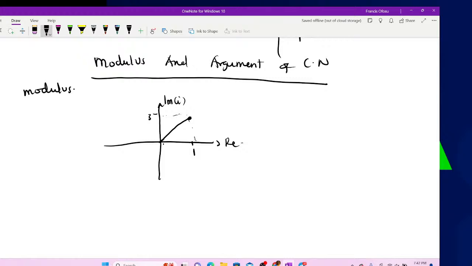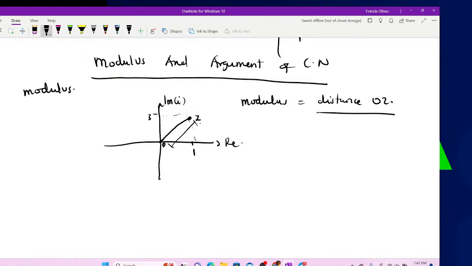The distance from the origin O to the complex number Z is what we call the modulus. So the modulus is simply equal to the distance OZ, right? Origin towards Z.